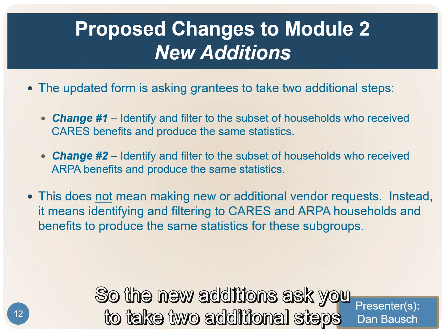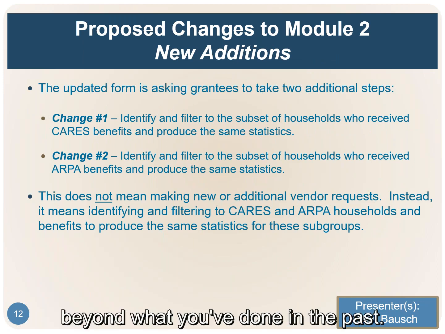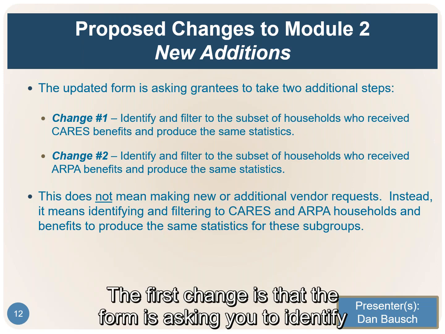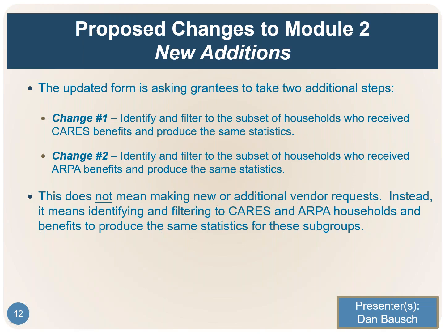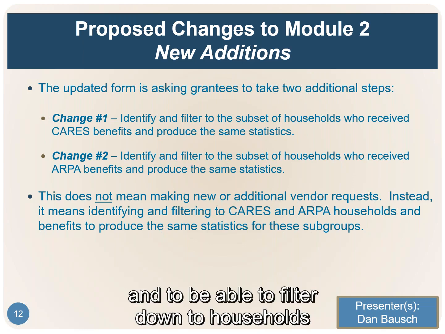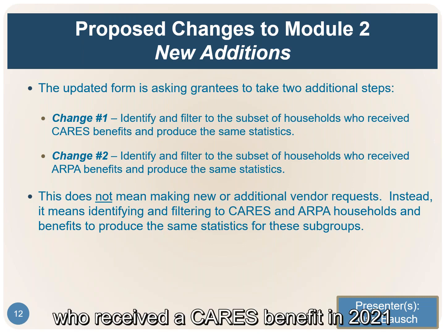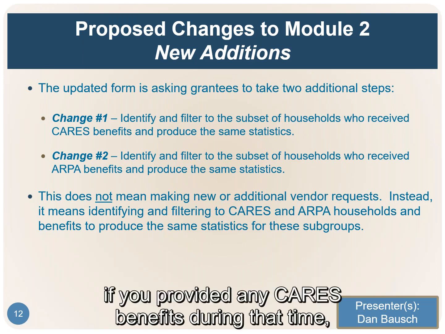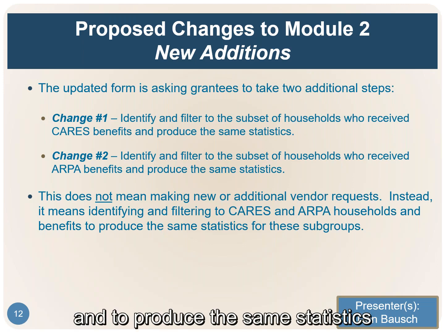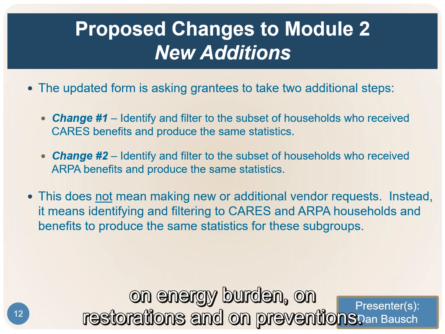So the new additions ask you to take 2 additional steps beyond what you've done in the past. The first change is that the form is asking you to identify and to be able to filter down to households who received a CARES benefit in 2021 if you provided any CARES benefits during that time, and to produce the same statistics on energy burden, on restorations, and on preventions.